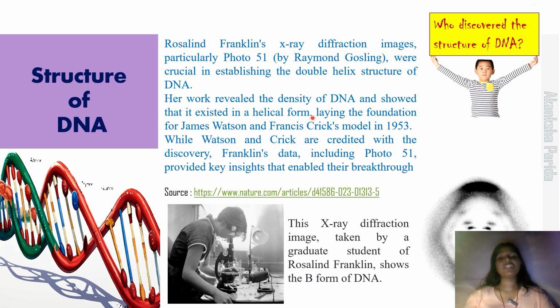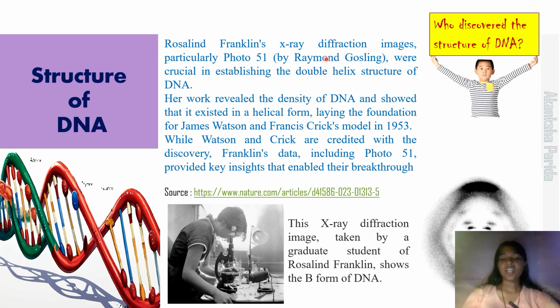Her work revealed the density of DNA, showed that it exists in a helical structure, and this laid the foundation for the James Watson and Francis Crick model in 1953. She discovered the structure of DNA in 1952. While Watson and Crick are credited with the discovery, Franklin's data, including this photo 51, provided key insight that enabled their breakthrough.